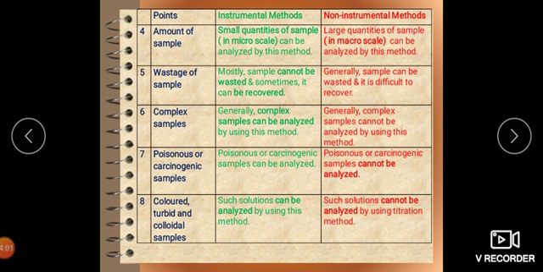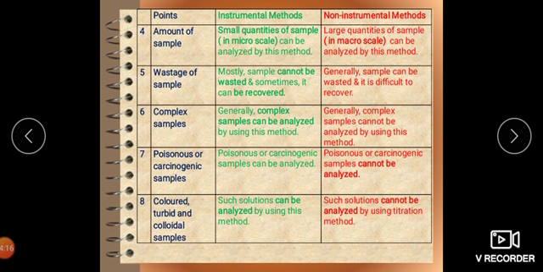Number 5, wastage of sample. Mostly sample is not wasted and sometimes it can be recovered, meaning in the instrumental methods very little sample is required and there is no wastage of sample.